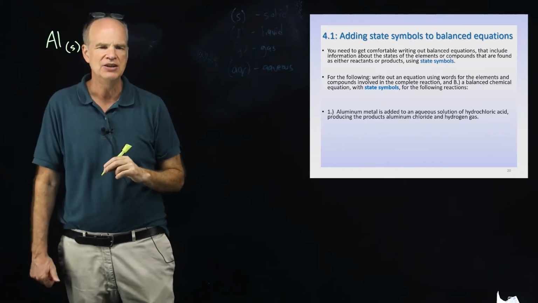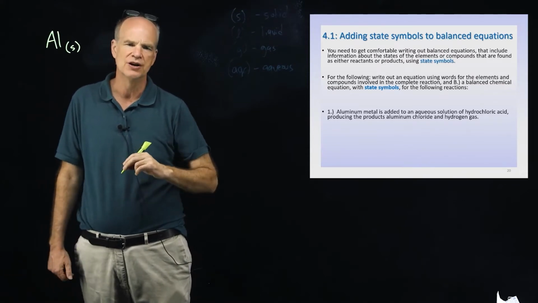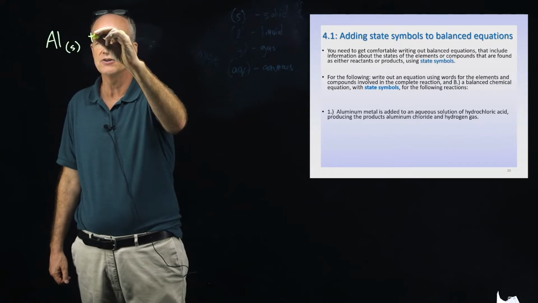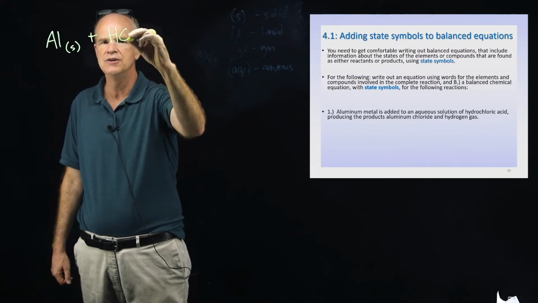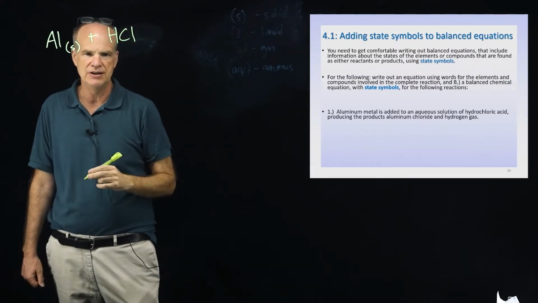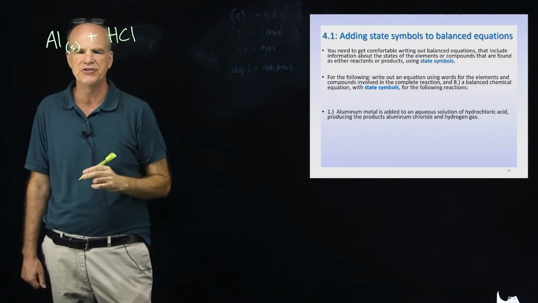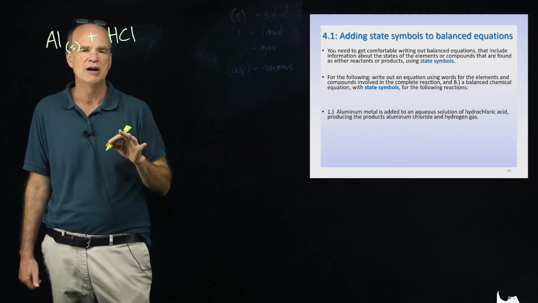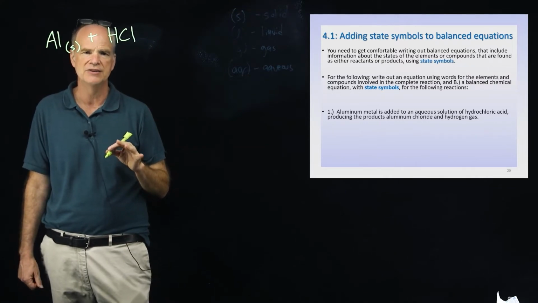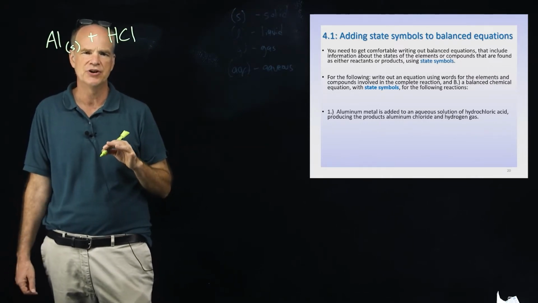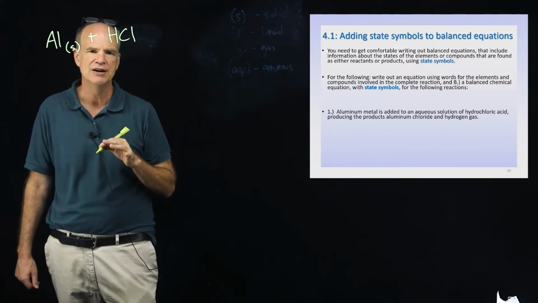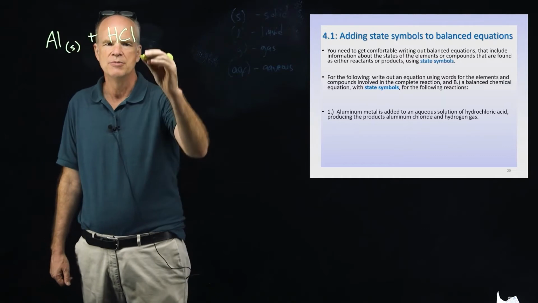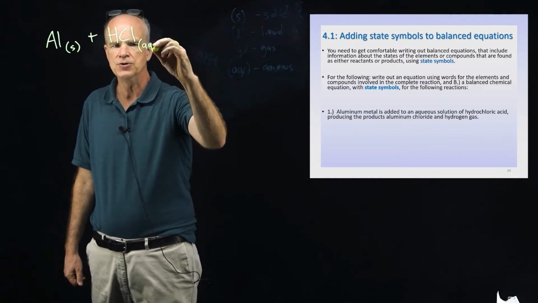Eventually you'll learn the formulas for acids, and you will learn that hydrochloric acid is HCl. It said it's an aqueous solution, so what that indicates is that there's probably some hydrogen chloride dissolved in water. If so, these are ions dissolved in water, and you would indicate that by putting an (aq) here.